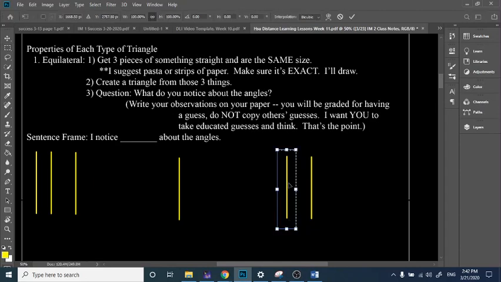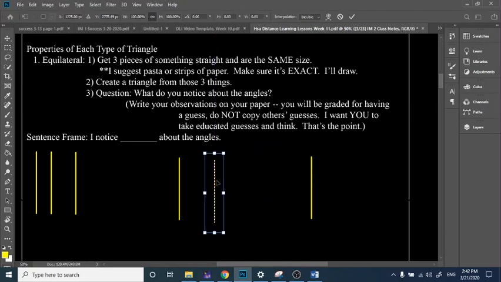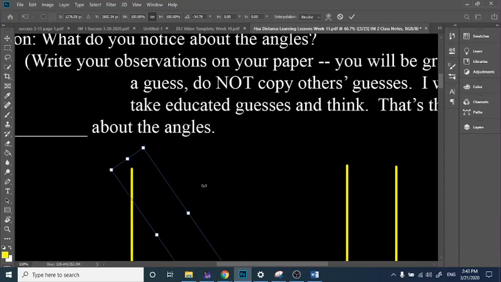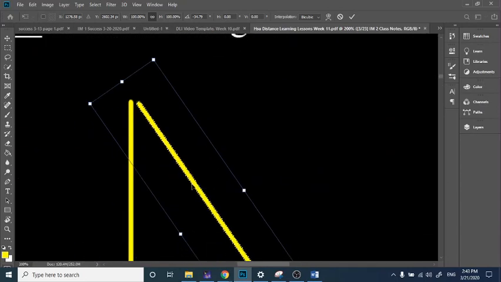So let's go part by part. So if you were to move this thing around and try to create a triangle, then we have, let's see, I'm gonna zoom in so that we can see a bit more clearly here.